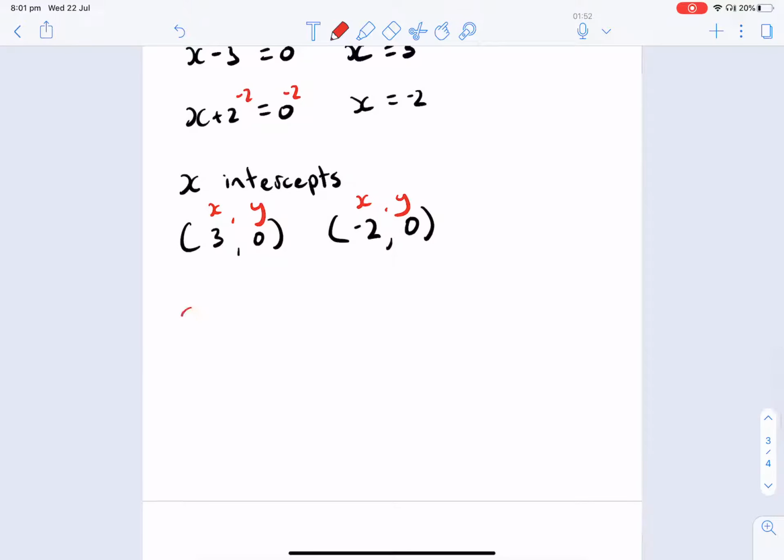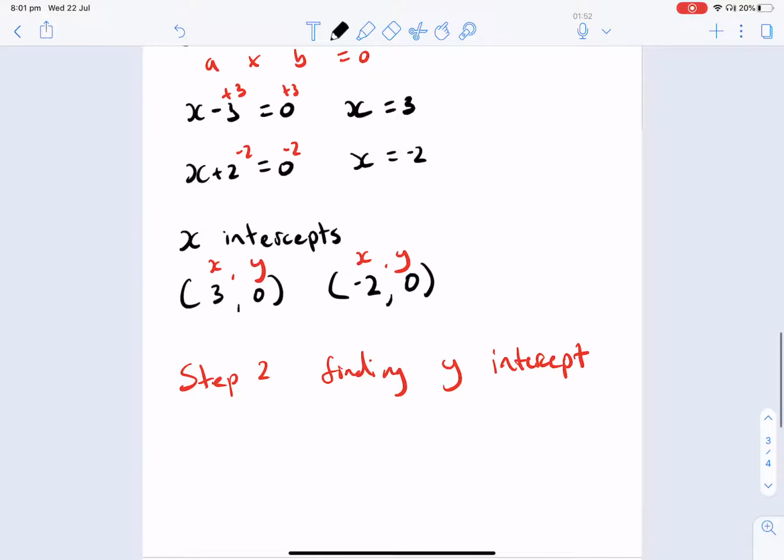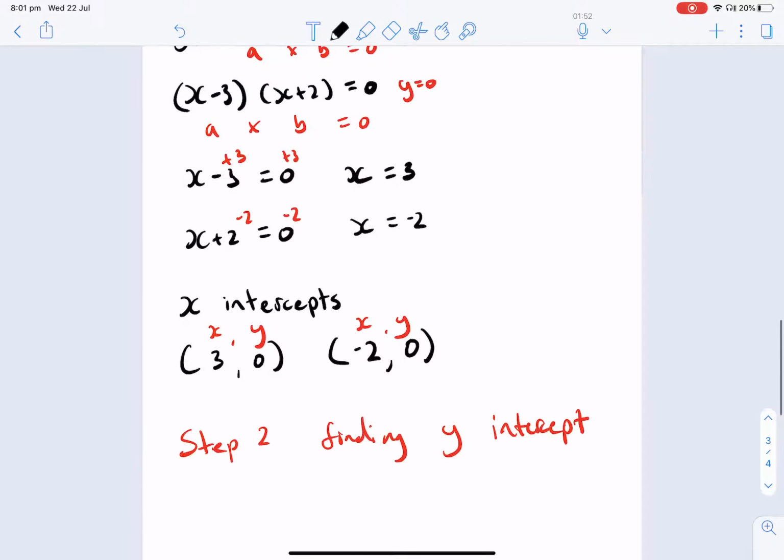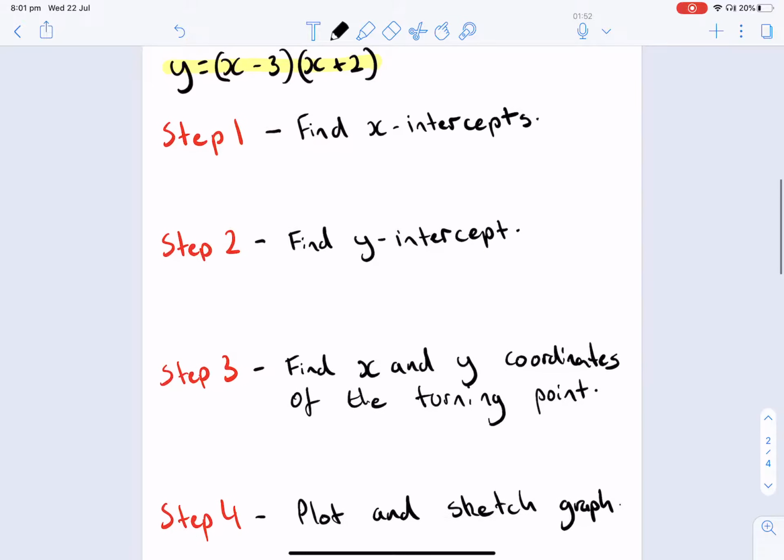So now we'll move on to step 2, which is finding the y-intercept. And just for ease of making my graph, at the end of this video, I'll just move these x coordinates up higher. So step 1 I've done, and I've found my x-intercepts of 3 and 0 and -2 and 0.